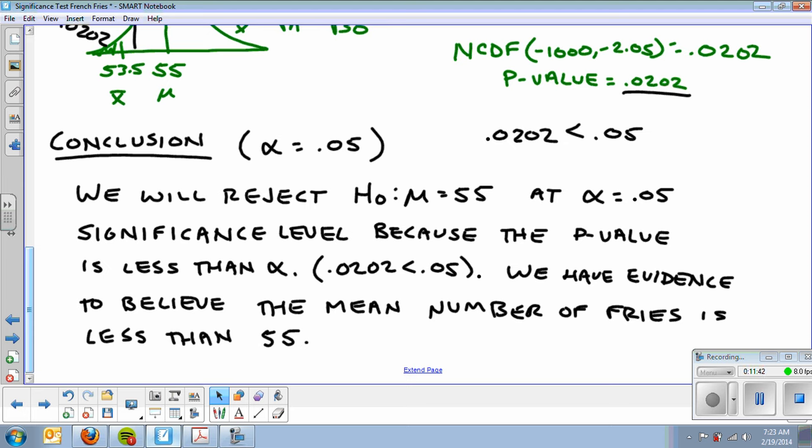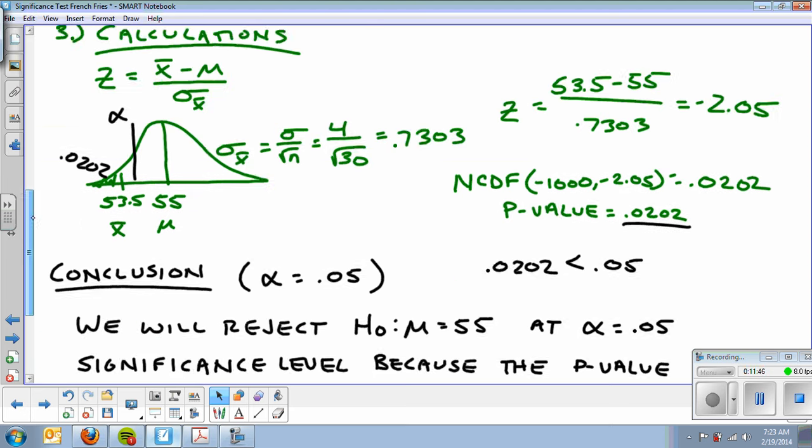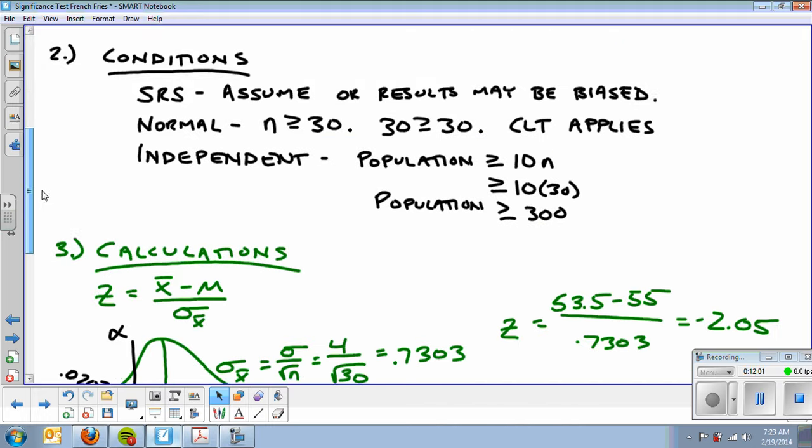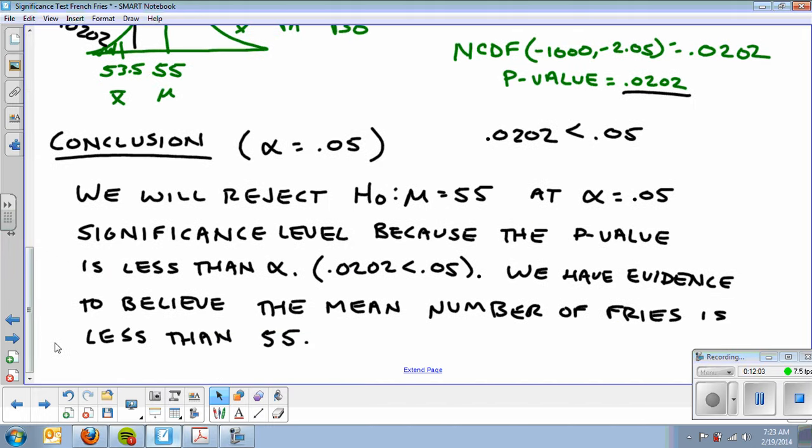Okay? So again, I'm going back here and reading this. Is there evidence at the 5% level that the cafeteria worker is averaging less than 55 fries? So I kind of recopied that. We have evidence to believe that the mean number of fries is less than 55.